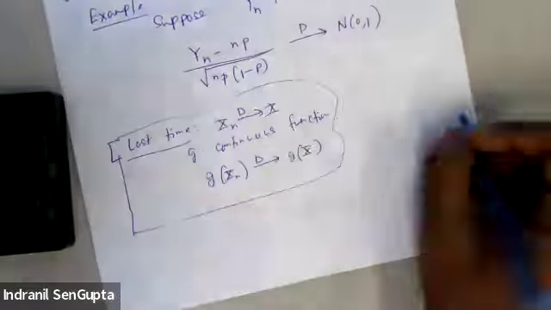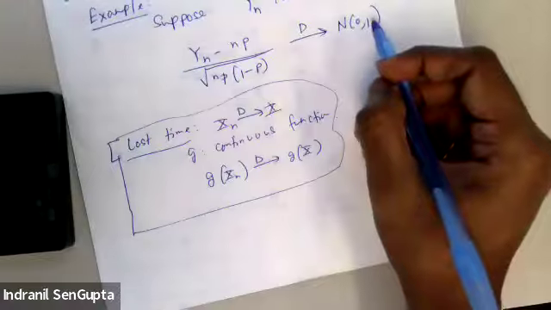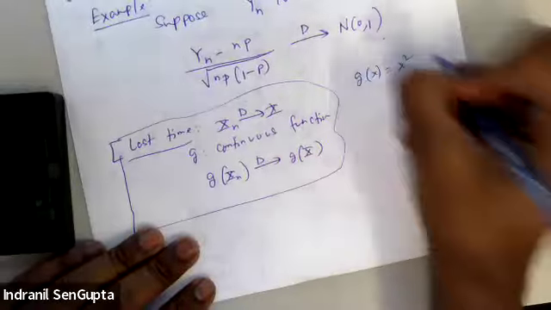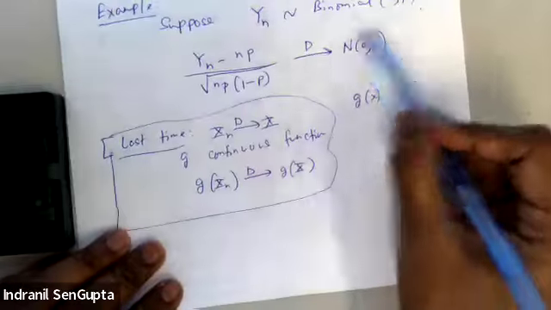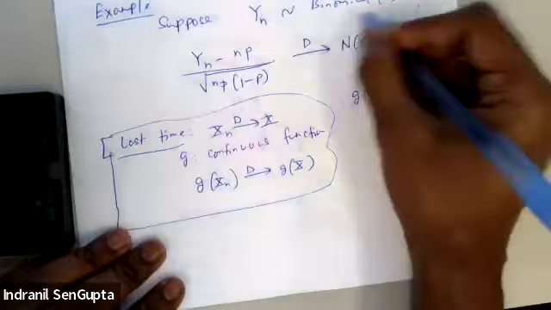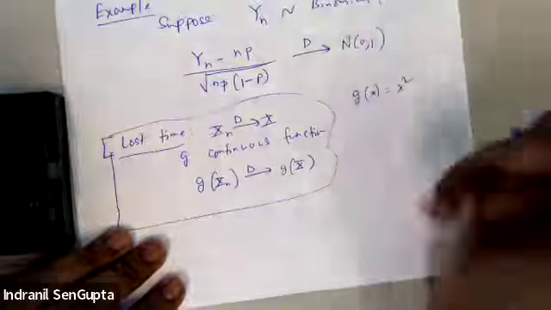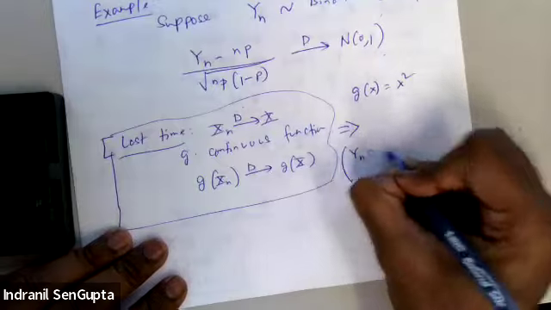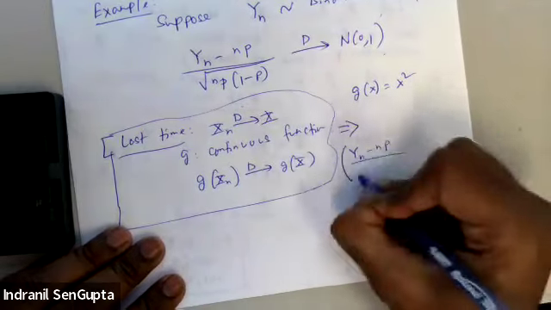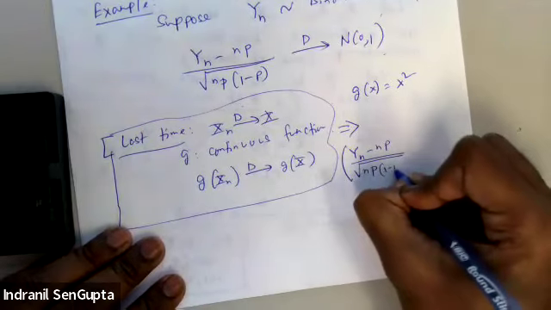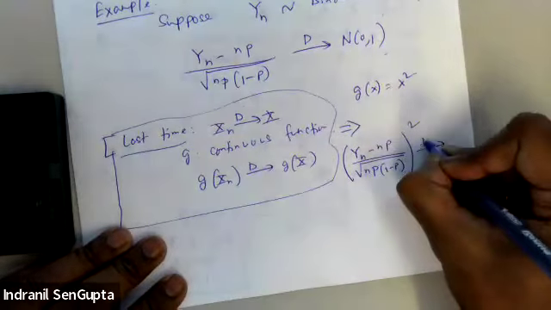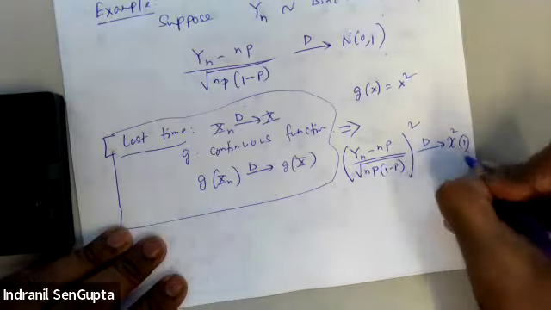Now suppose we have the function g of x equals x squared. This is converging to standard normal. We know that the square of the standard normal is chi-squared with 1 degree of freedom. And hence, we can say that (Y_n minus np) over square root of np(1 minus p), squared, is converging in distribution to chi-squared.